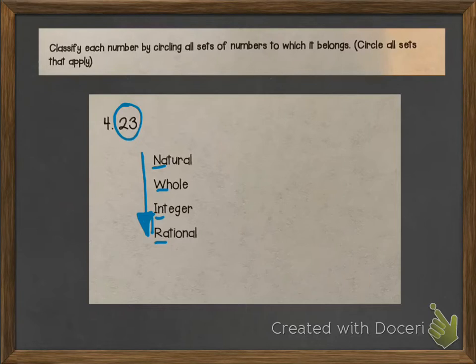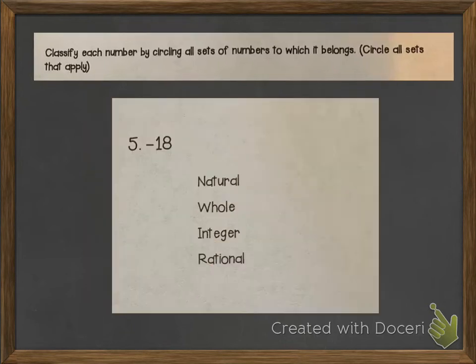If I am counting to 23 or 30, I'm including 23 on there. So therefore it's a natural number because it's a counting number. So it wants us to circle it. If I'm following my arrow, that means the more I go down, it is also true. So a natural number is also whole, it is also an integer, and it is also rational.